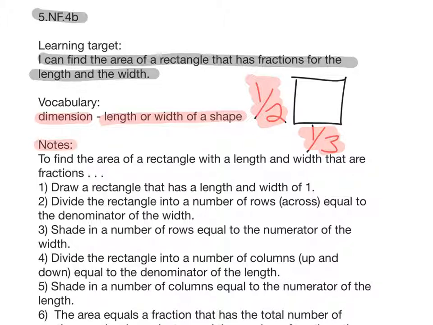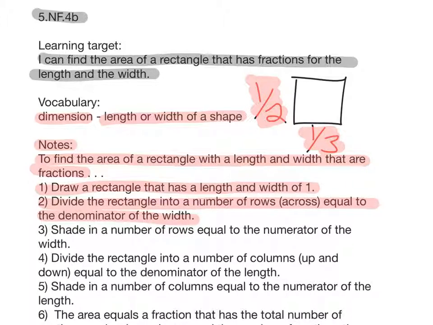So, notes. I'm going to go quickly through these and then I'm going to demonstrate. You need to write them down. To find the area of a rectangle with a length and a width that are fractions, you're going to first draw a rectangle that has a length and a width of 1 bigger than the rectangle you're finding the area of. Then you're going to divide the rectangle into rows, a number of rows equal to the denominator of the width.